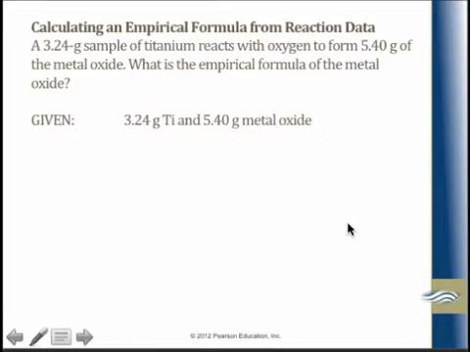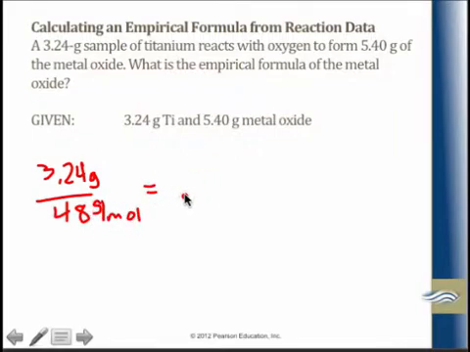Here's an example saying that we take titanium, we react it in the air, it forms 5.4 grams of a metal oxide. It's titanium oxide. But we don't know how many oxygens combine with the titanium, and that's what this data will determine for us. So the molar mass of titanium, if you look it up on the board, you'll see that titanium has a mass of 48 grams per mole.